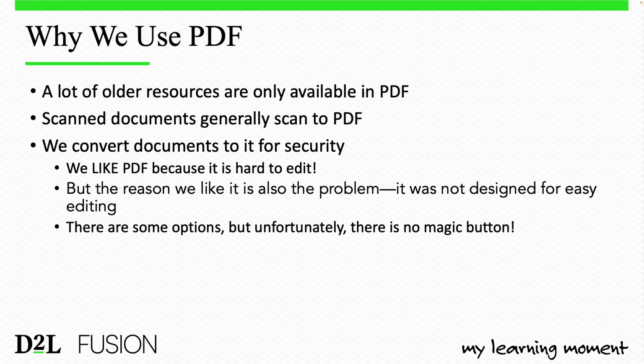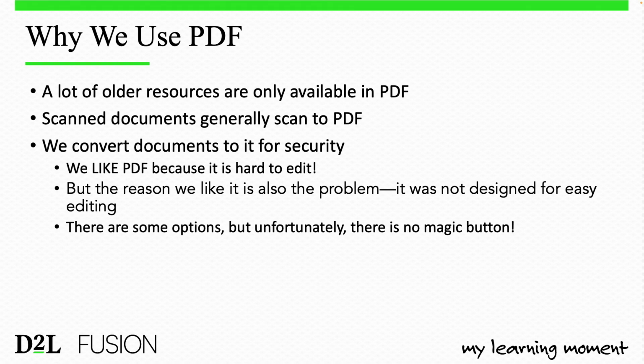And of course, a lot of folks like to convert documents to PDF for security. They like PDF because it's hard to edit. They know that the students probably don't have Adobe Acrobat Pro, so they like it for that reason. For all of these reasons, though, PDF is not a type of file format that is designed for easy editing.